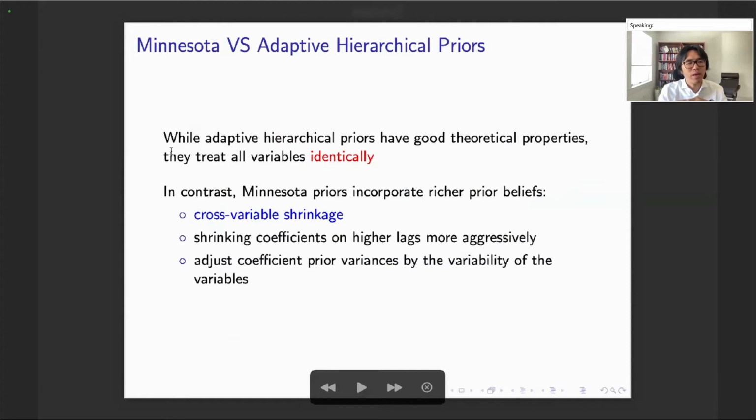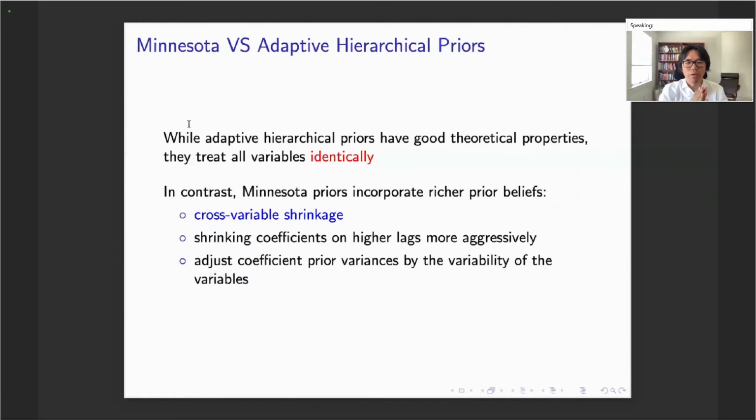But I have a different view. I think sparsity could be one reason. Another reason could be that these adaptive hierarchical priors, as they are typically implemented, treat all the variables identically.